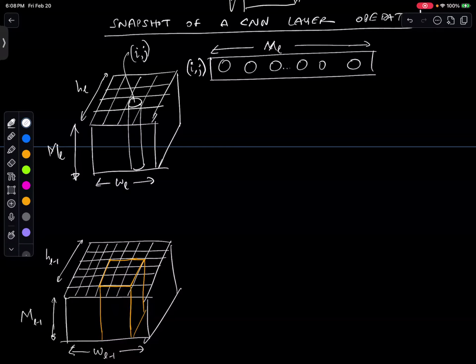So let's put this over there. And I'm going to introduce an index, 1 less than or equal to k_L less than or equal to M_L, to identify the pixel in this column.